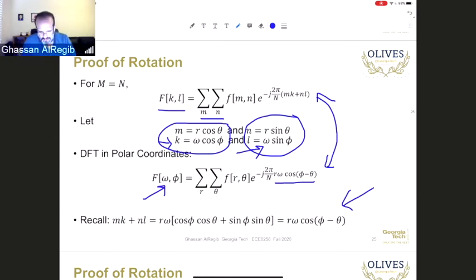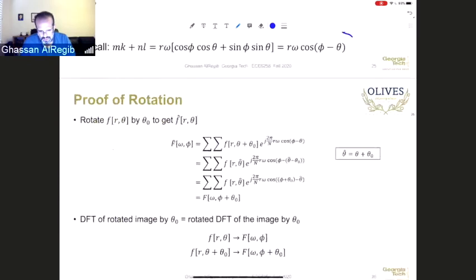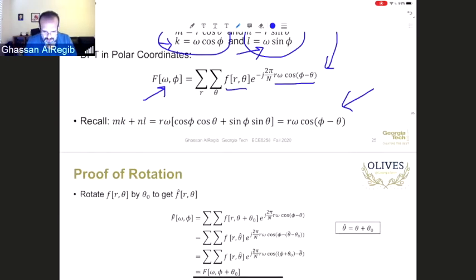So what we do next is, remember this definition in here, if we rotate F by a certain angle, that means I'm changing this theta by that angle. So in this case, let's rotate F by theta naught, can be 45 degrees, 20 degrees, whatever. And then we plug that into the definition.